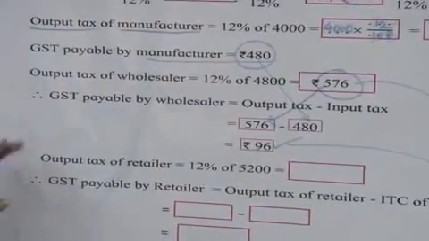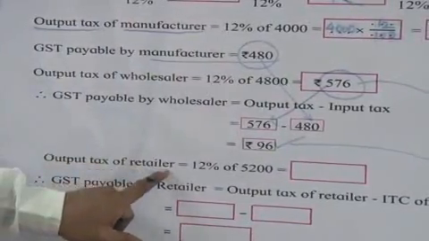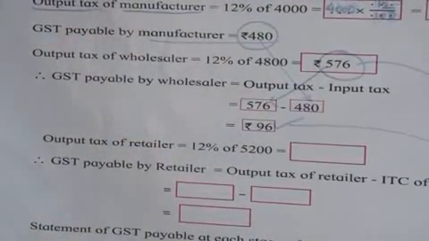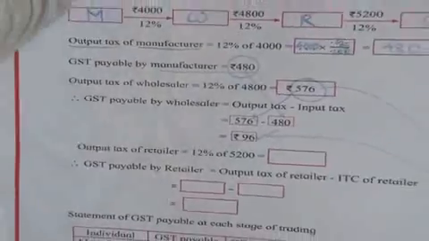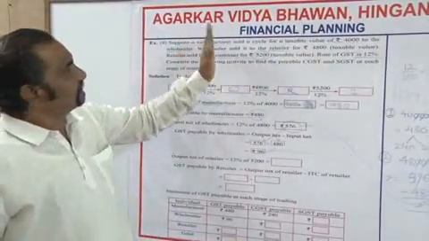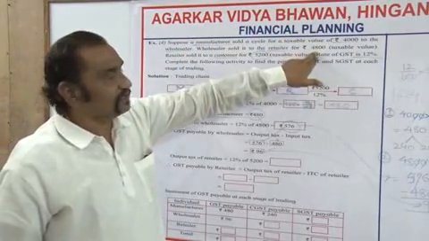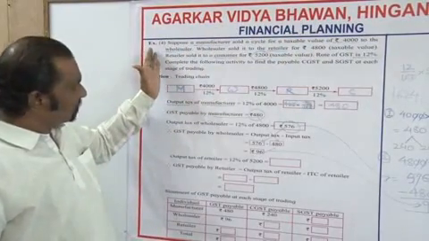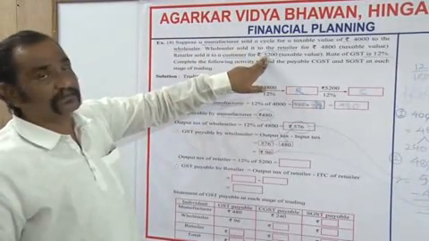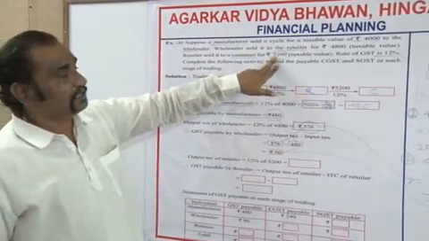Now the third transaction, output tax of the retailer. Now the same cycle which was manufacturer to wholesaler cost rupees 4,000, wholesaler to retailer cost rupees 4,800. Now that retailer is just selling that same cycle to the customer for 5,200.